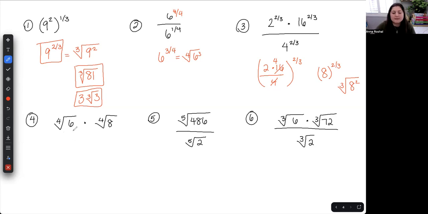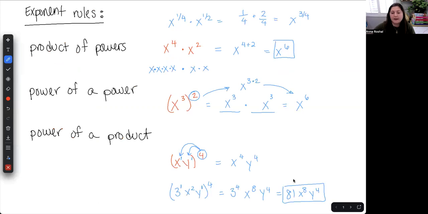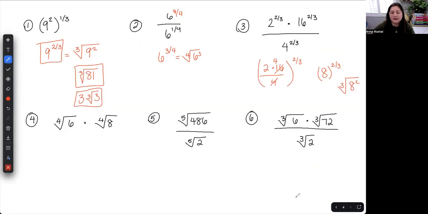Okay, so the same thing happens when I have this, x to the fourth, x to the second. What I'm going to do is just add up my exponents and call it good. In this particular case, I know that I have the fourth root of these two things. So really what I'm looking for is applying this fourth root to each of these terms, right?